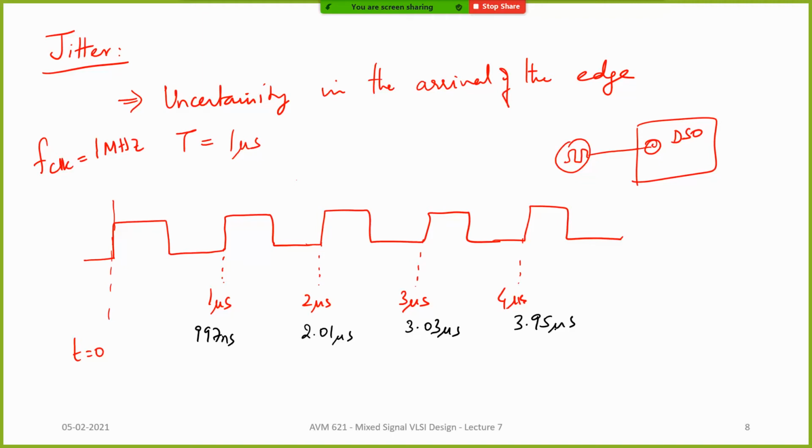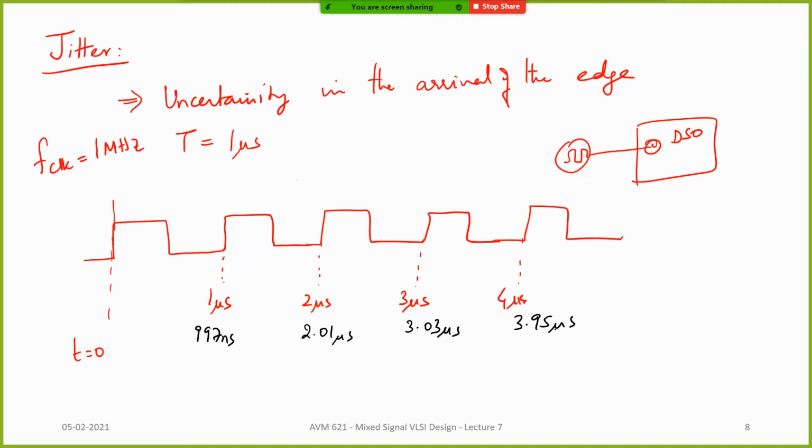You can easily have around 5 nanosecond error. It's possible. So what you are seeing here is what is called jitter. You can quantify it as period jitter, cycle to cycle jitter, and all those things. All that terminology, we'll look at slightly later.